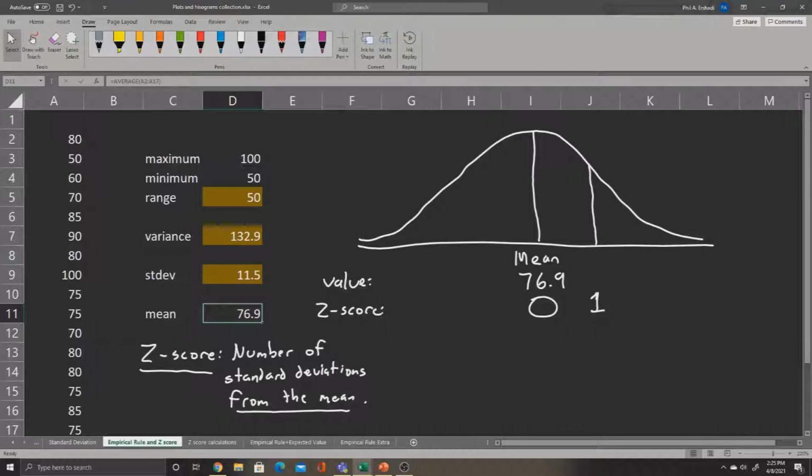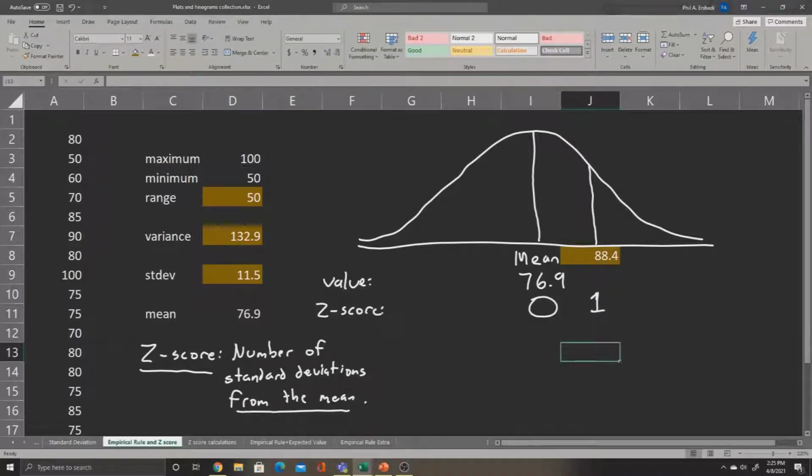To find the value, let's click in an open cell and take the mean plus a standard deviation. So we'll say equals. We'll click the 76.9 for our mean and add the standard deviation, 11.5, giving us a value of 88.4 at this marker.